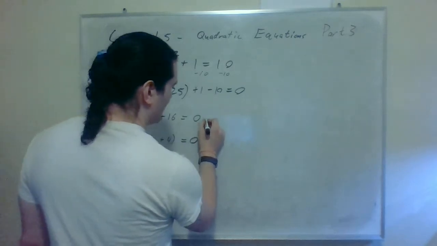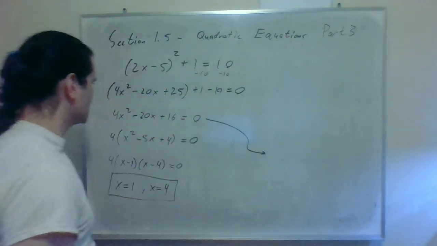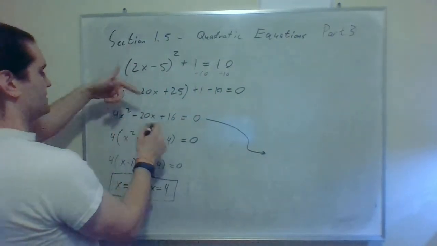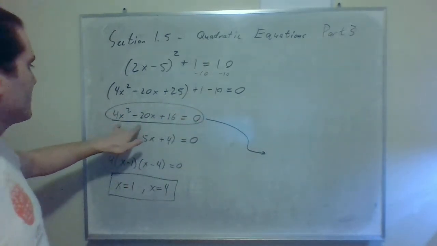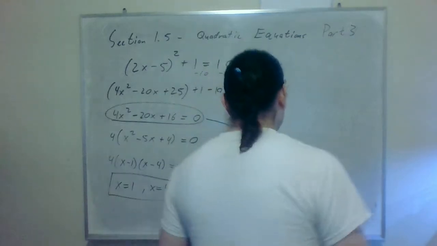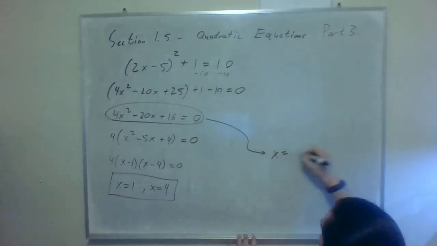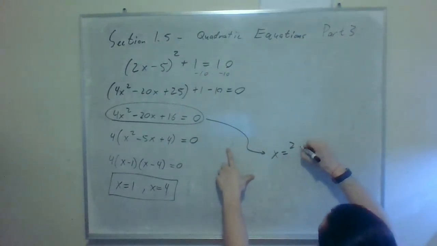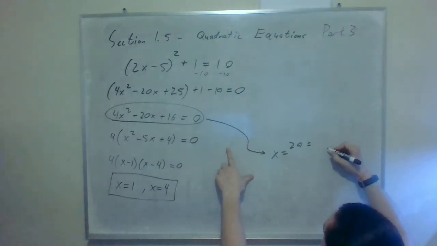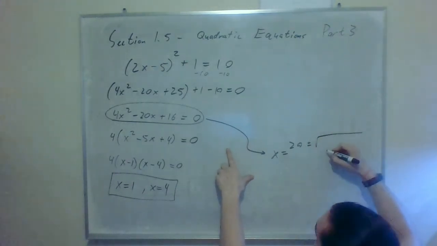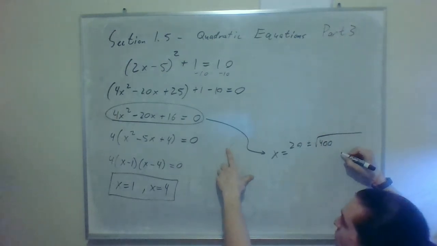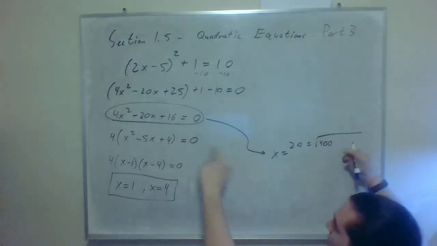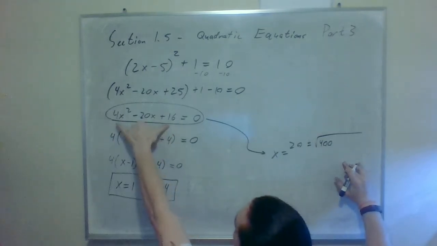I'm going to do the quadratic formula from here, because this is the first time where the whole thing equals 0 and before I factored anything. So if I do the quadratic formula here, I will get x equals negative b, which is 20, plus or minus the square root of b squared, which is 400, minus 4ac. So a times c is 64.